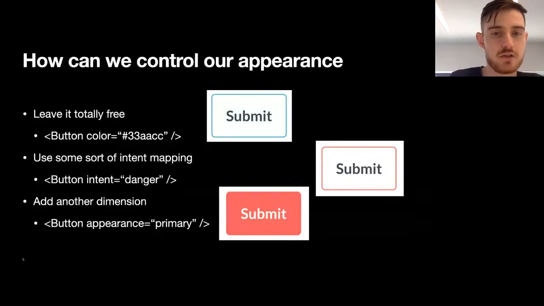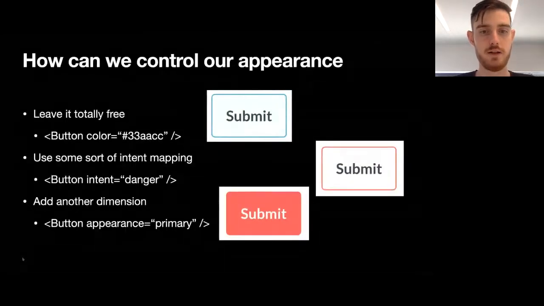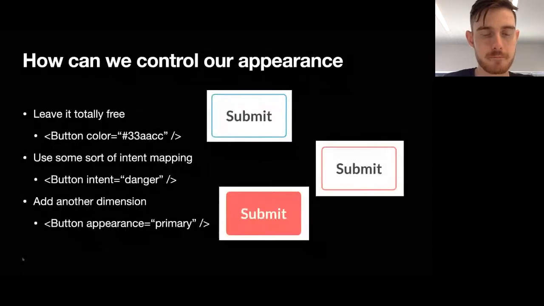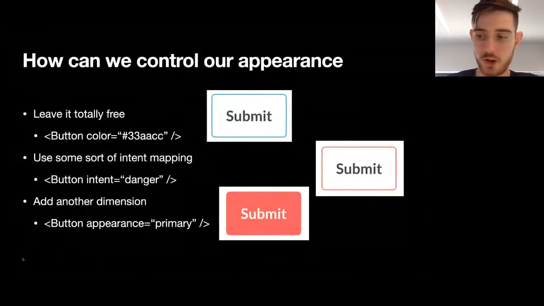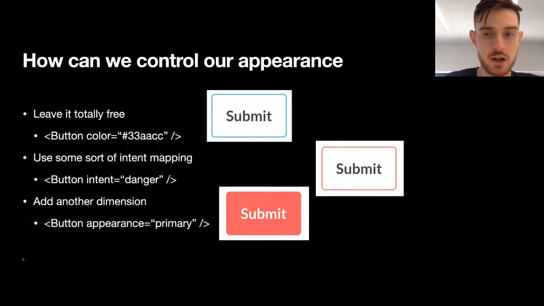We have the intent of the button and kind of the strength of the button. So we have some rules within our design system that if you have a group of buttons, you have as many default buttons as you want, and then always only one primary button. So then that's immediately obvious how you can use that. And that is taken separately from what the intent of the button is and the color that the button will become.